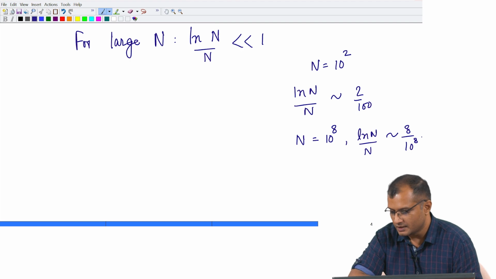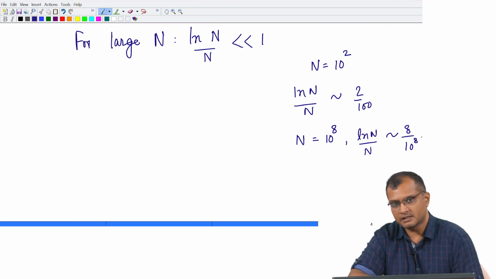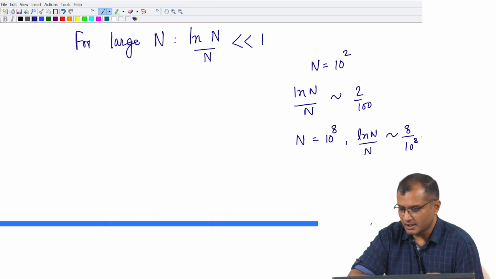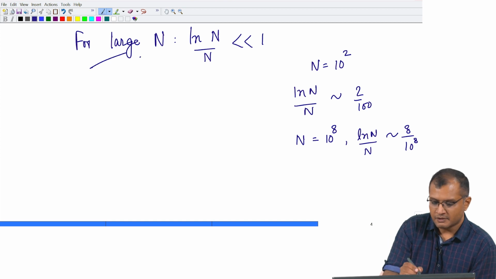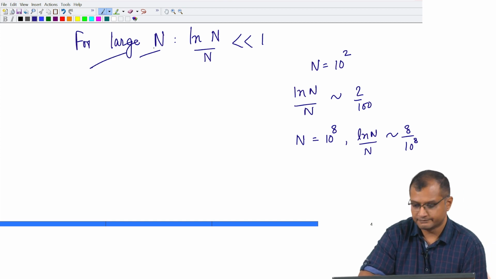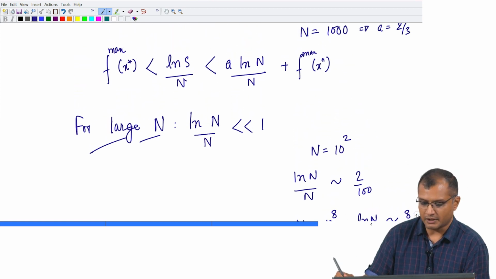So, as you take n to be very large, which is typically the number of particles that you would have in a system, in the limit of such large n's, you can always drop ln n by n, okay, because that is going to be a number of vanishing magnitude.